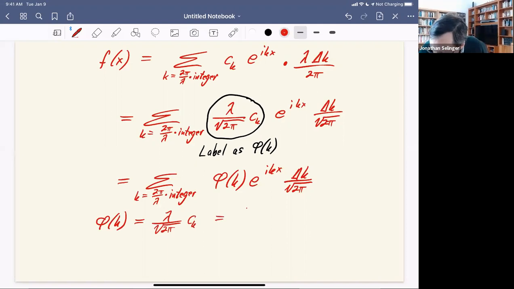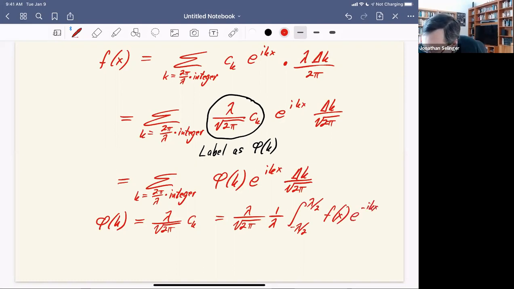So that is lambda over root 2 pi, and then my equation for c sub k is 1 over lambda integral from minus lambda over 2 to lambda over 2 of f of x e to the minus ikx dx.